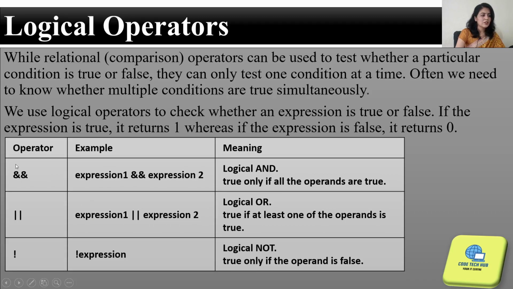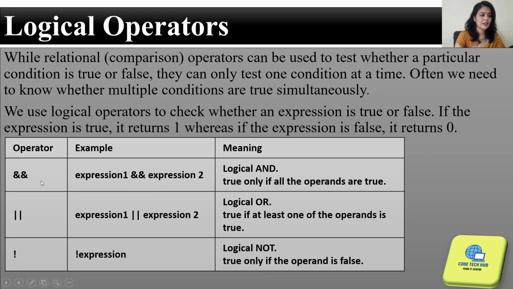To clear the concept of logical operators, let's see the table. In the logical operators, these symbols are used: &&, || and the exclamation mark. First is expression 1 and expression 2, and the meaning of this operator is logical AND.